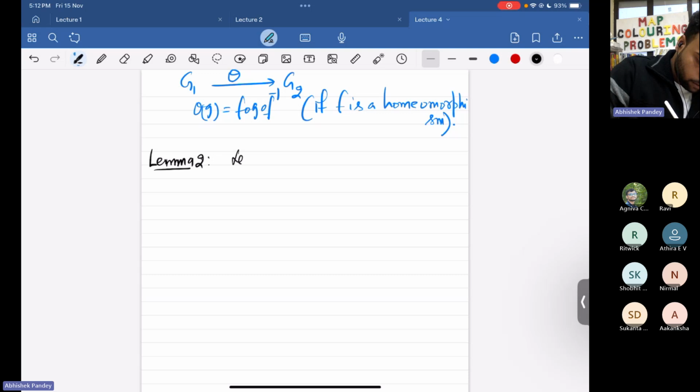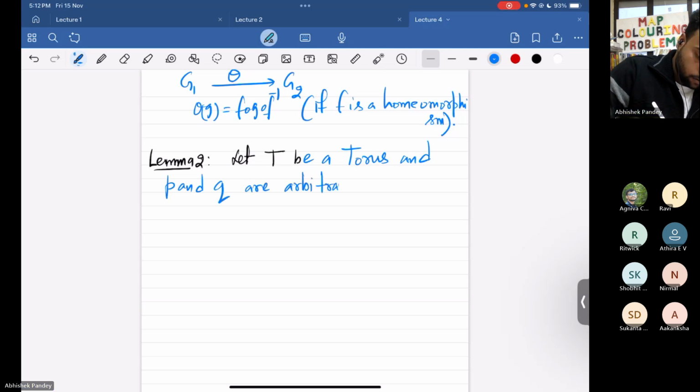Okay, so let T be a torus, and P and Q are arbitrary points of S. Then there is a conformal map.